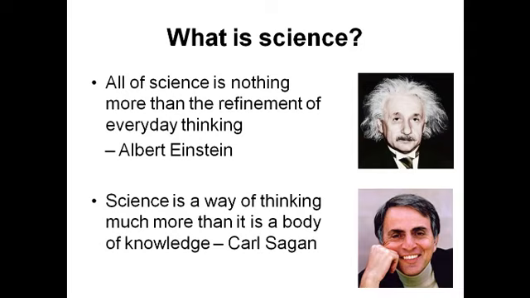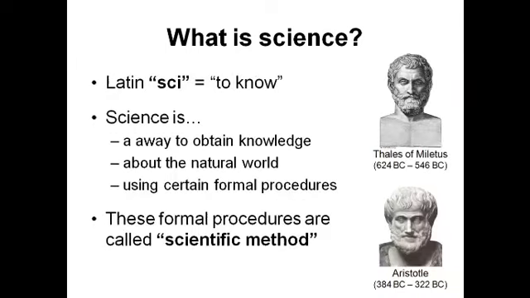Let's go back several thousand years. Let's try to get the root of the word science. Sci means to know. So to define science, it's a way of obtaining knowledge about the natural world around us using certain formal procedures.